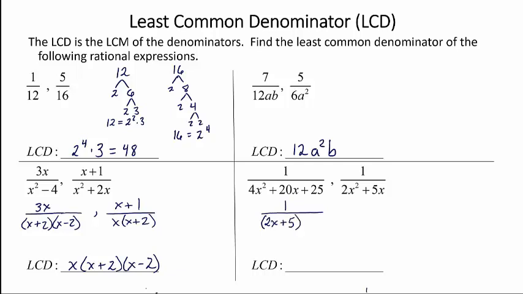We've got 2x plus 5 times 2x plus 5, just taking the square root of 4x squared and of 25. And 2x times 5 is 10, so I'd have that as my outer and my inner term. 10 plus 10 is 20, so that works. Then over here, I can pull an x out, so 1 over x times 2x plus 5.